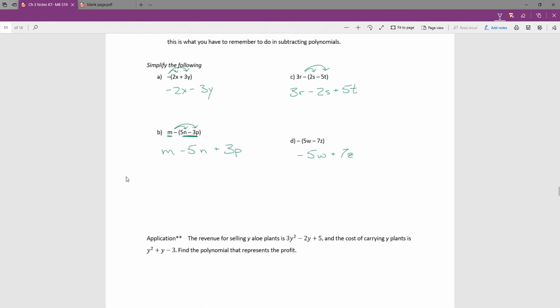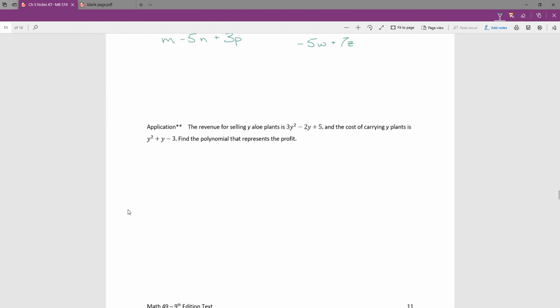So this is a goofy application. I don't think that anybody who has a company that sells aloe plants, potted plants, models their business in this way. But I left it in here because it's kind of silly. And really what it's saying is the profit that you make is your revenue minus your costs.